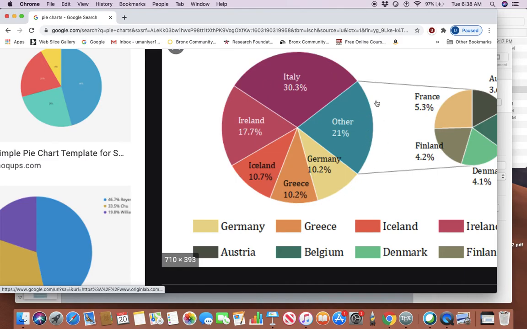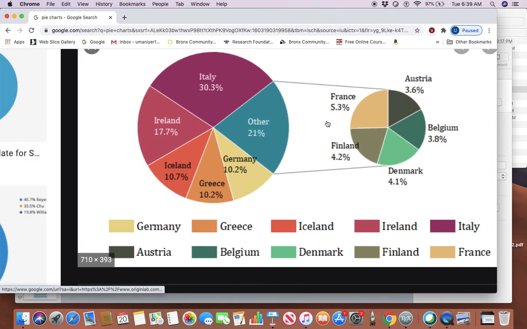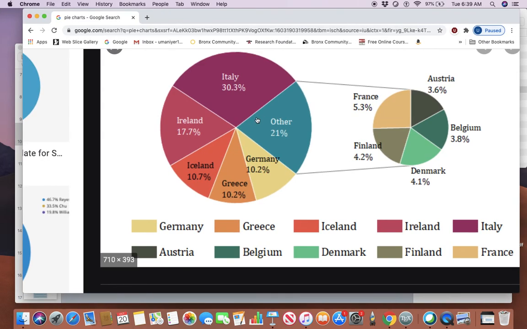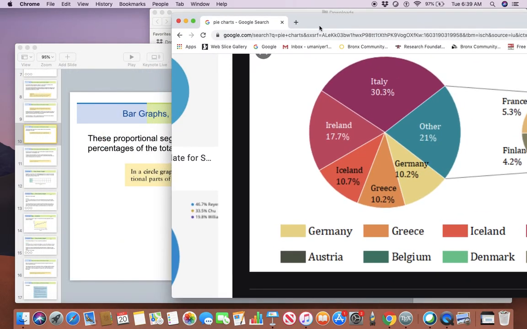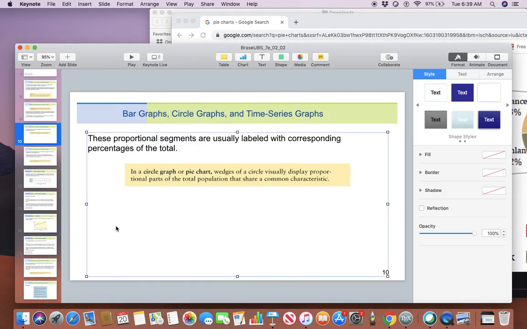In all, it should be 100%, and then each wedge has a certain percentage. Look at that: the other category has been mapped to another circle which has its own wedges. So I hope this is clear. This is an example of a circle chart, circle graph, or a pie chart.